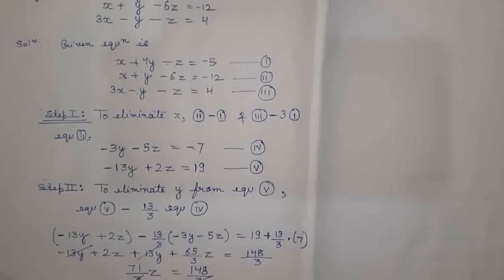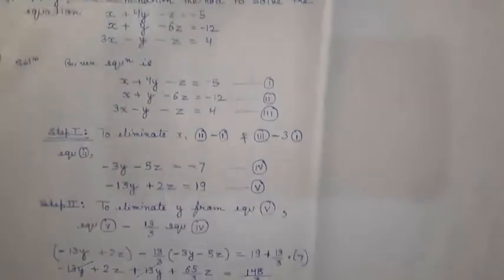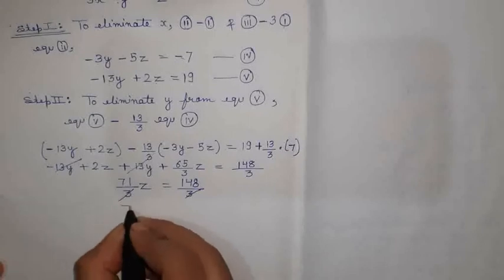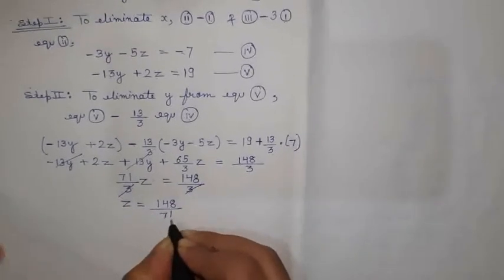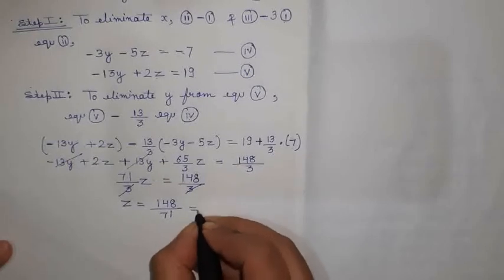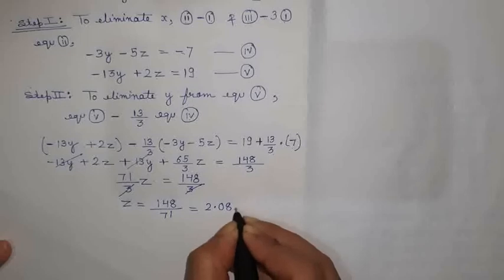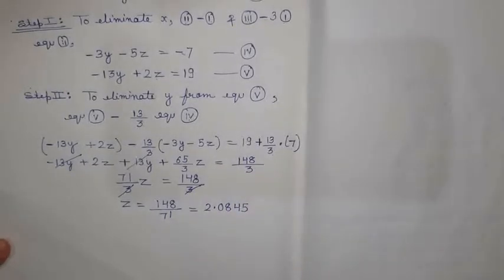So 3 and 3 will cancel out, and we will get z equal to 148 by 71. With a calculator, this value is about 2.0845. This is the value of z.